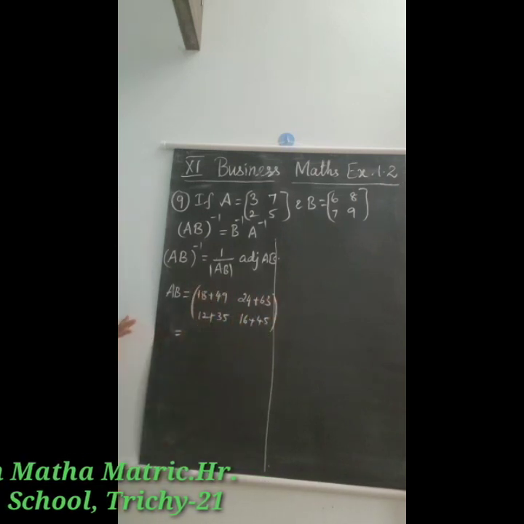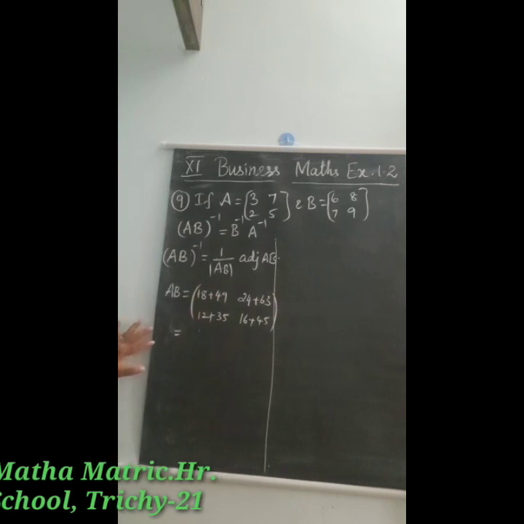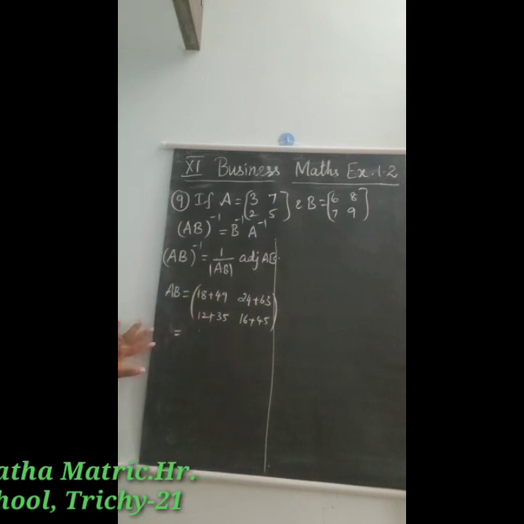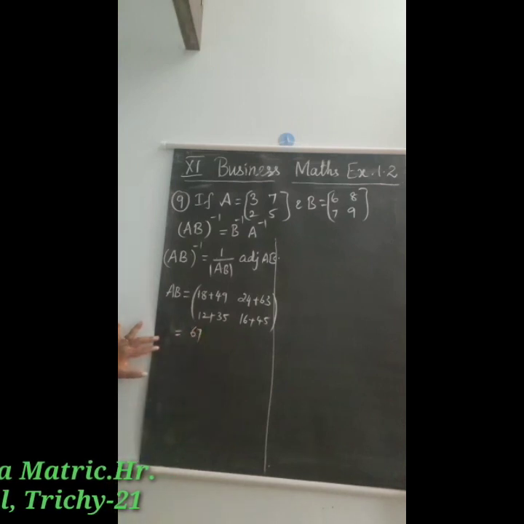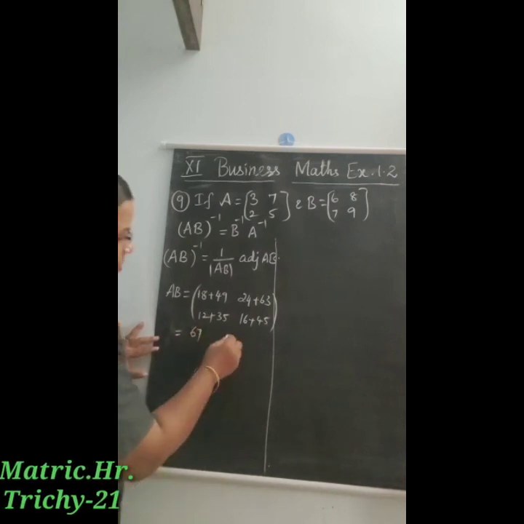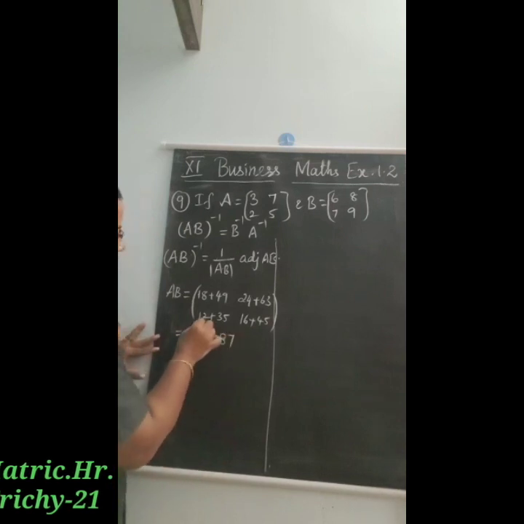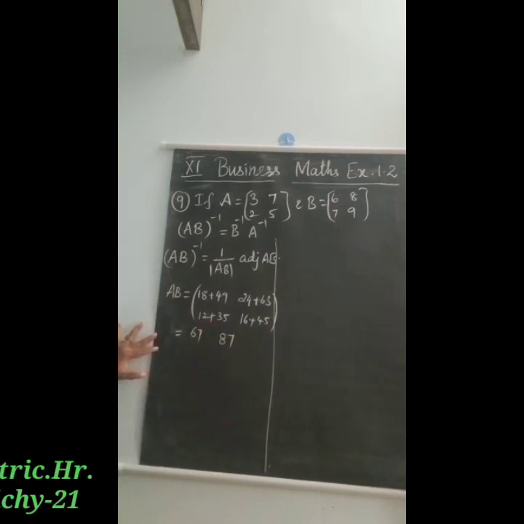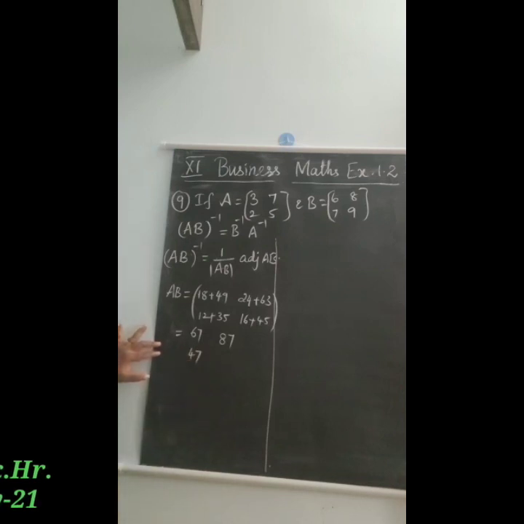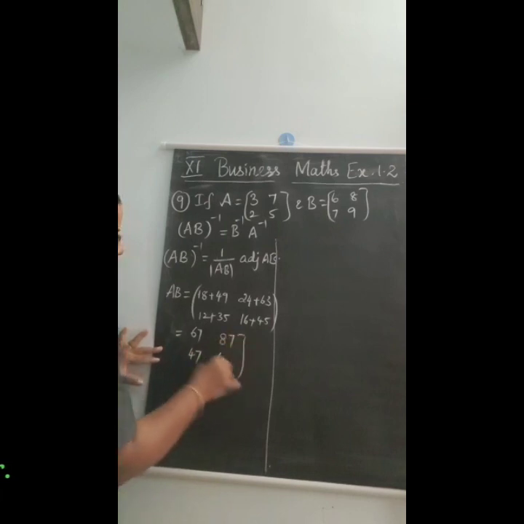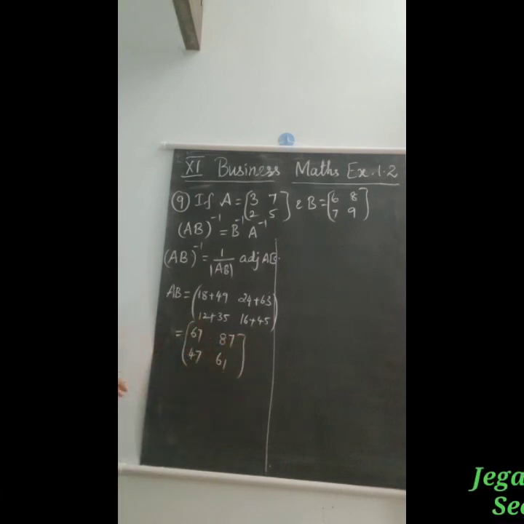So that is equal to 18 plus 49, 67, and 24 plus 63, 87, and 12 plus 35, that is 47, and 16 plus 45, that is 61. This is AB.